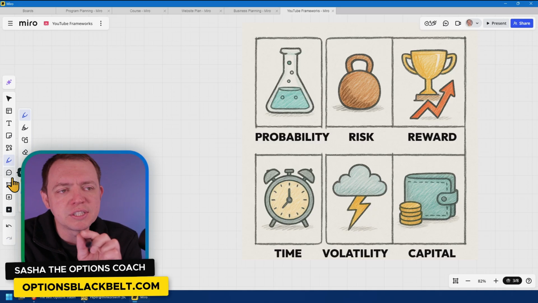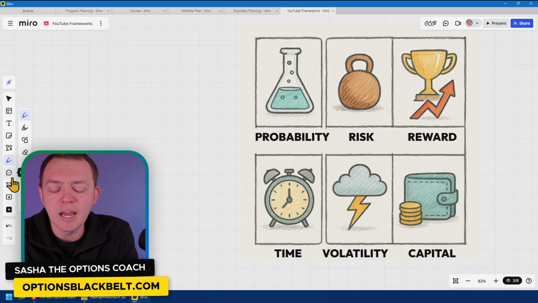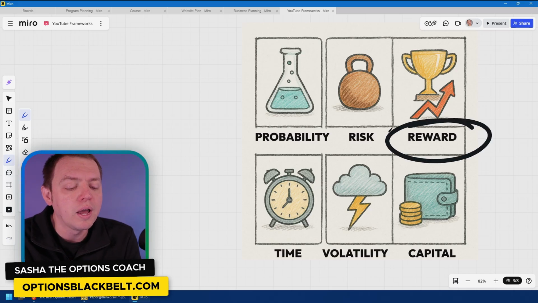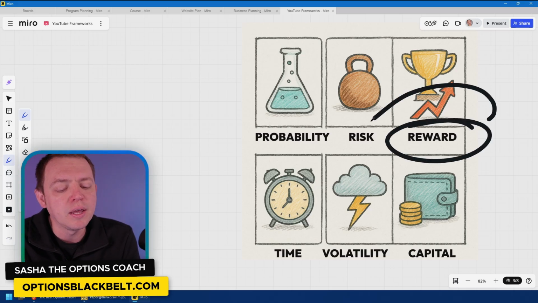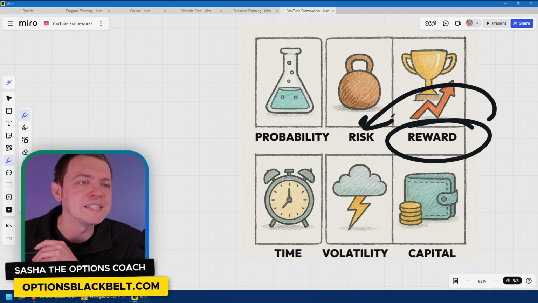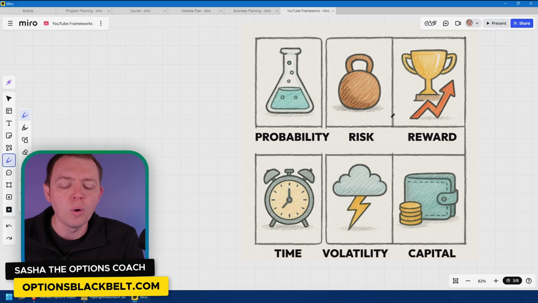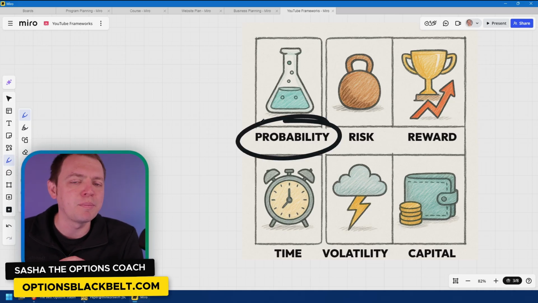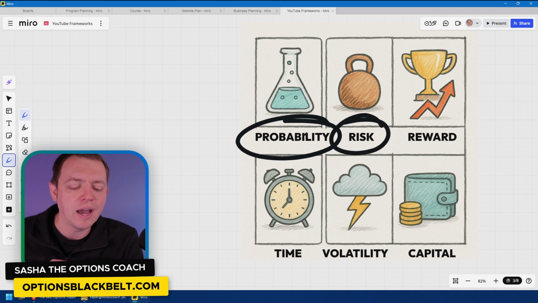My point is that the same thing goes in the options world. If I want a lot of reward, I might have to put a lot more risk into the mix. Or if I want a high degree of probabilities, in that case I might need to have more risk.